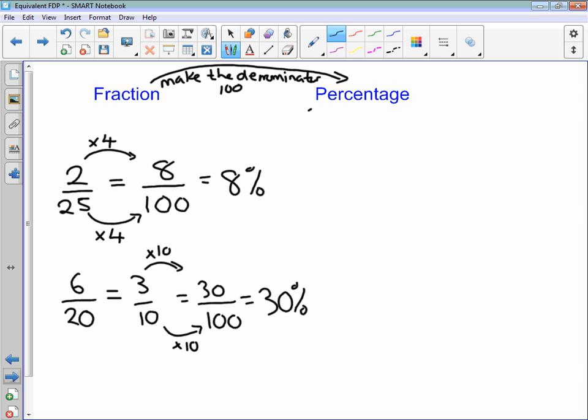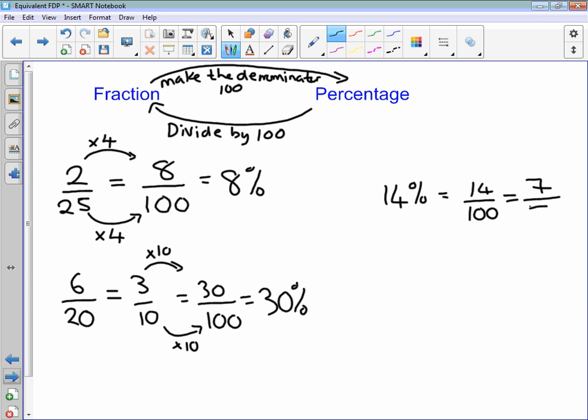If I want to change a percentage to a fraction, you need to divide by 100. So for example, 14% is 14 over 100. And if we simplify the fraction, we should end up with 7 over 50.